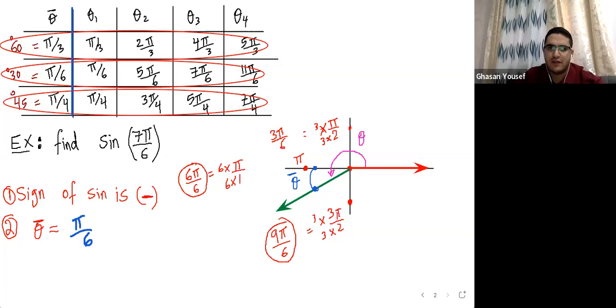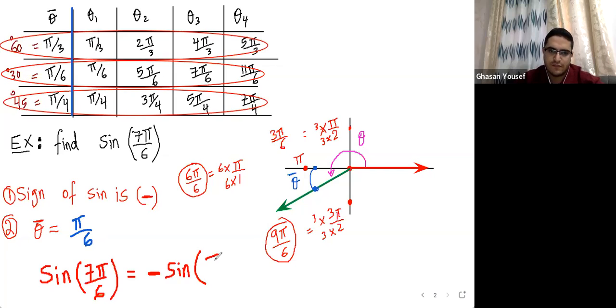Now we can evaluate the value for the sine. So sine of 7 pi over 6 equals negative, the negative comes from here, sine of pi over 6. Now what's the sine of pi over 6 from the table last time?